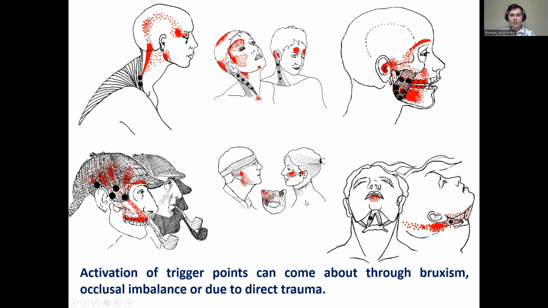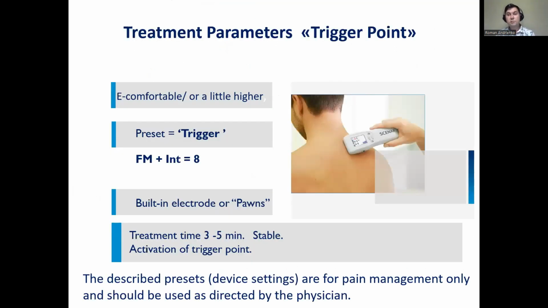These are not the only existing trigger points, but just to give you an idea of how we can address the various pain. Activation of trigger points can come about through bruxism, occlusal imbalance, or direct trauma. There are different possible ways. What are the treatment parameters?